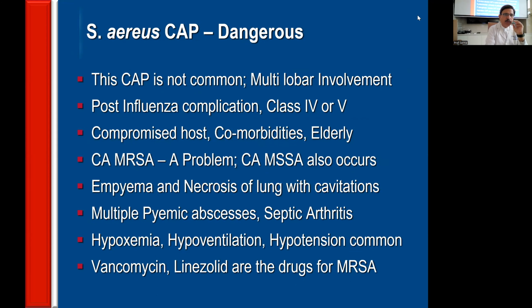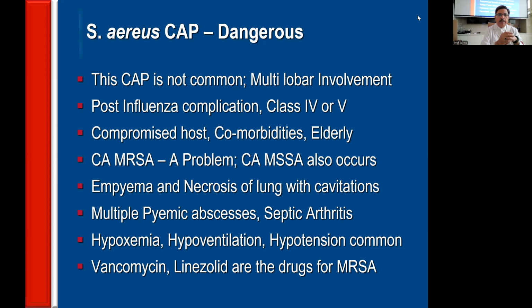Now, S. aureus CAP is dangerous. The CAP is not common due to S. aureus. It is multilobar involvement, post-influenza complication, class 4 or class 5. Pneumonia is classified into 5 classes. This will be class 4 or 5 in a compromised host with comorbidities, elderly, and methicillin-resistant Staphylococcus aureus.